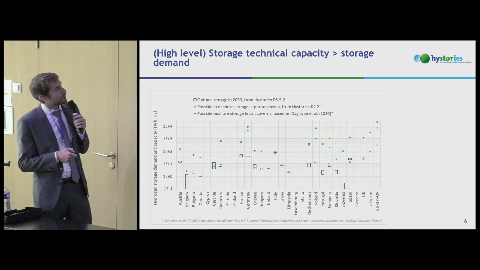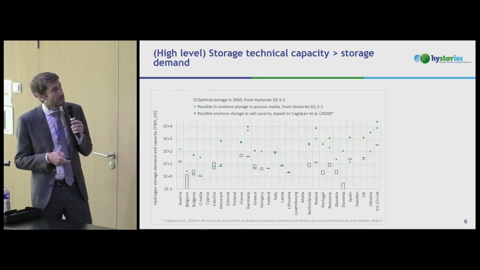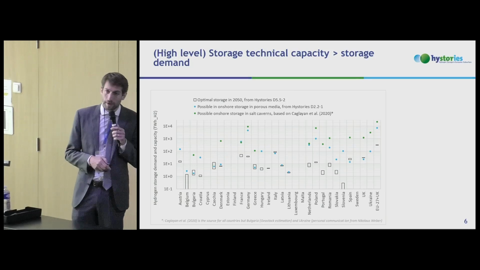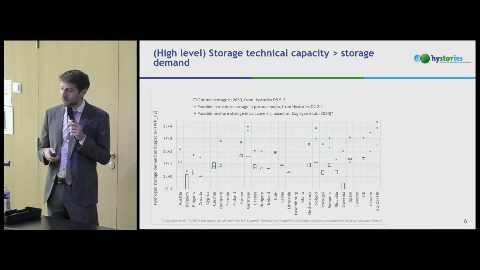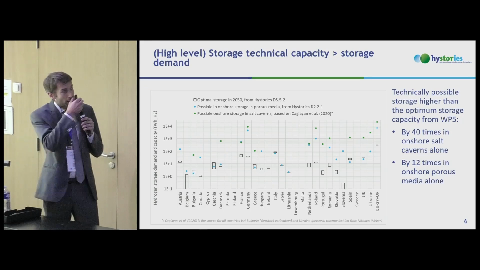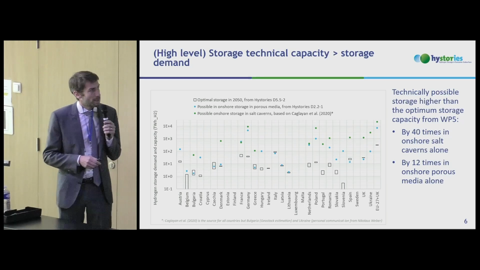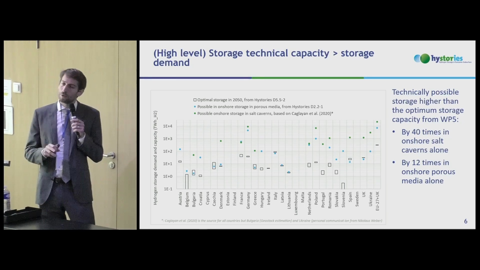And what we see are the dots. If you look at EU27 plus UK, the capacity identified in salt and in porous media is orders of magnitude higher than any of the scenarios found by LBST in 2050. It's actually 40 times higher in salt and 12 times higher in porous media, only looking at onshore.